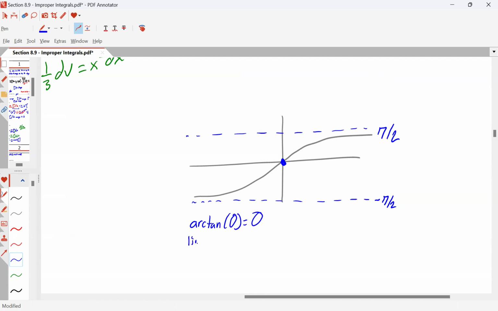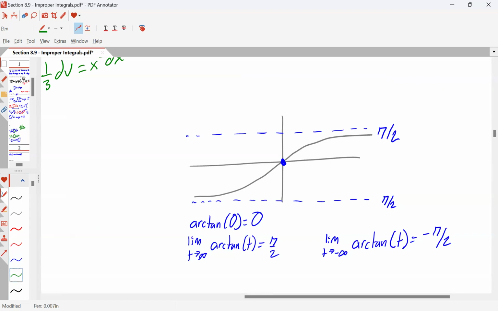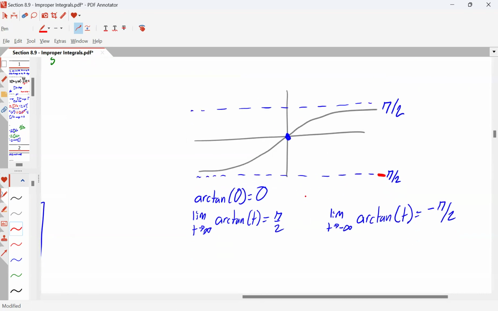The limit as t goes to infinity of arctan of t equals pi over 2, and the limit as t goes to negative infinity of arctan of t equals negative pi over 2. I'm going to make that negative a different color, red, just to point out that it's not a dash anymore. So those are all of the limits we need.